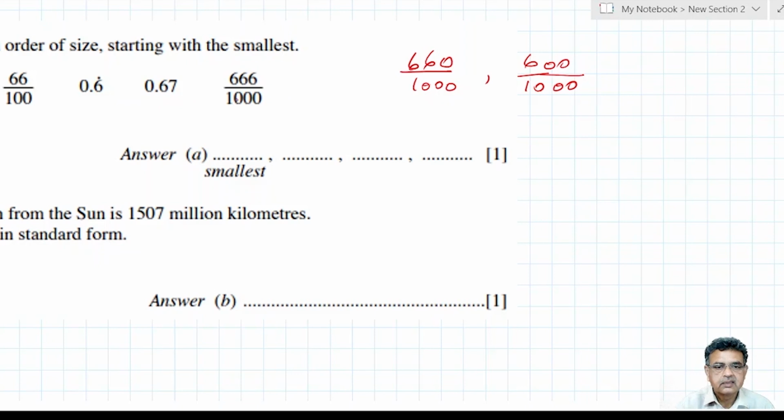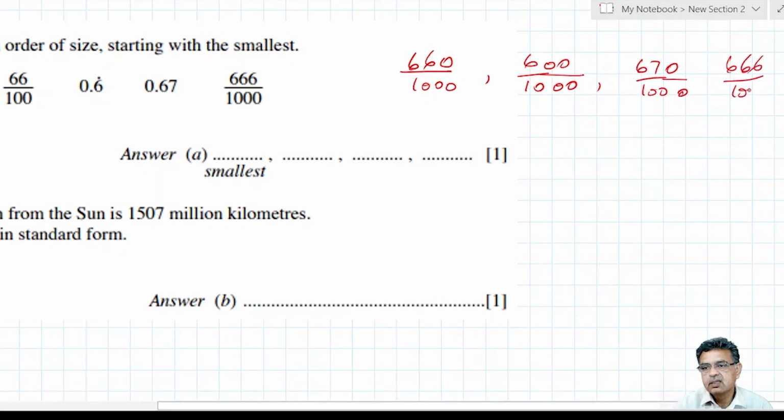We will make the same denominator, 1000. Then this is 67 over 100, 670 over 1000, and this is 666 over 1000. Now the denominator is the same, so let's decide which one is the smallest. This is the smallest. Then larger than this is this value, then this one, and this is the largest.